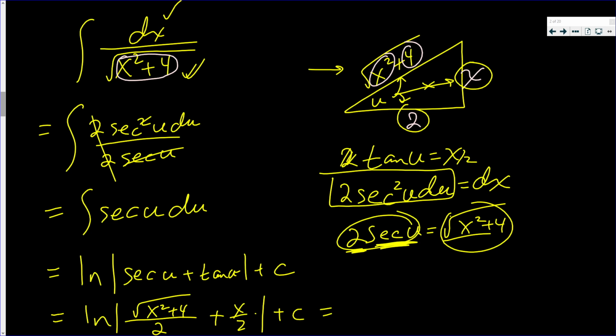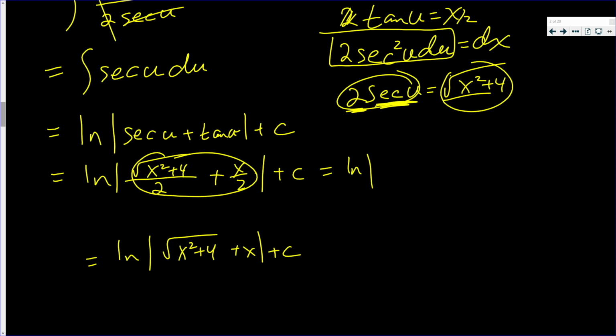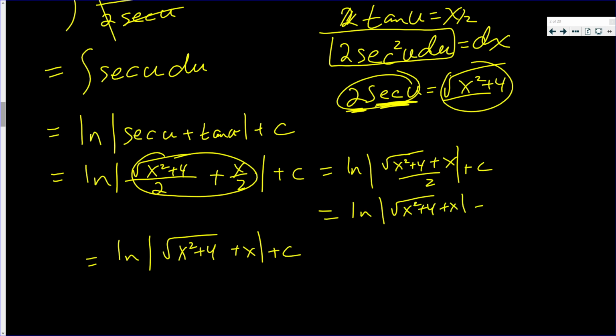Now, the answer in the back of the book will say that the answer is ln of the square root of x squared plus 4 plus x plus c. And the reason is I can write this with a common denominator, plus x over 2 plus c, but then I can write it as the ln of the numerator minus ln of the denominator plus c.